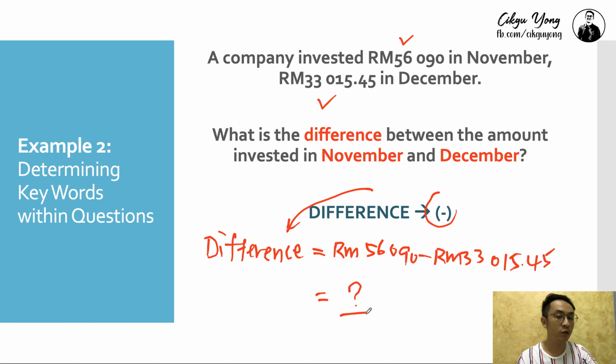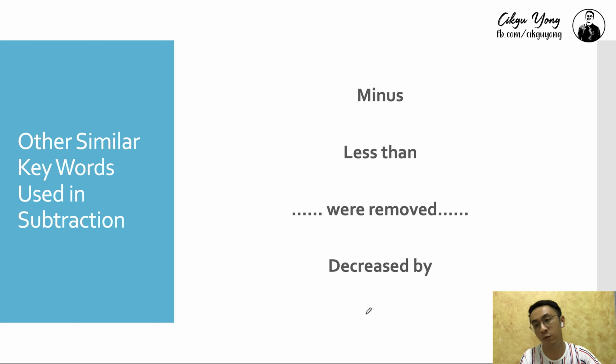All right. So as well, besides using difference as the guide or the word that you can see in doing subtraction, these are a few of the keywords that I can find as well.